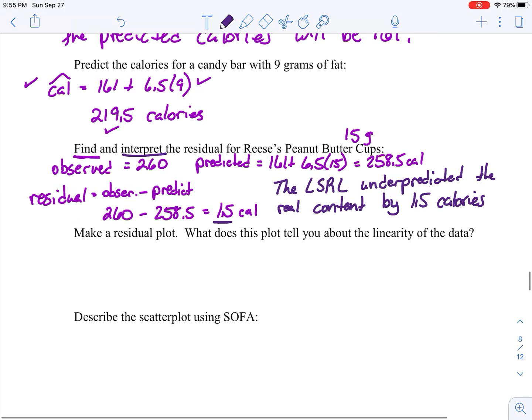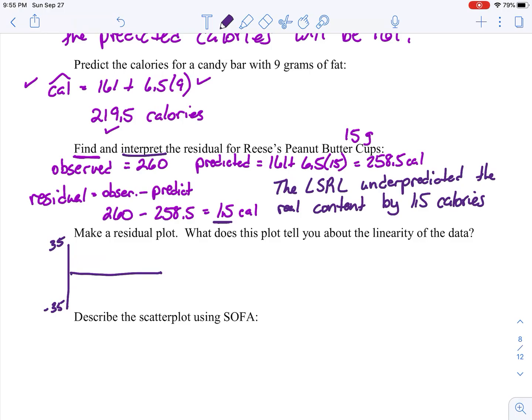Okay. It says make a residuals plot, and what does this plot tell you about the linearity of the data? So actually, let's talk about that residuals plot for a second. It's one of those things where we're not going to have to make it.